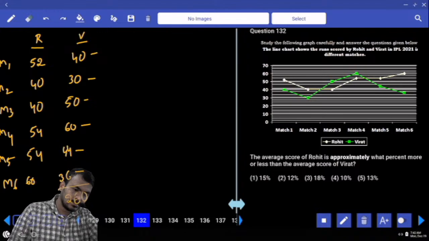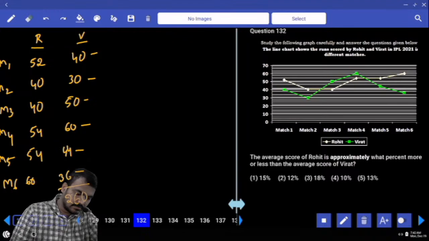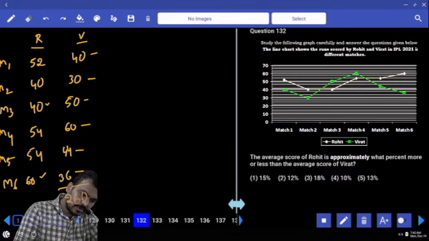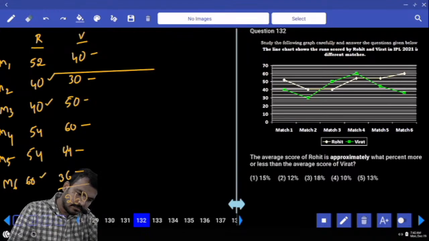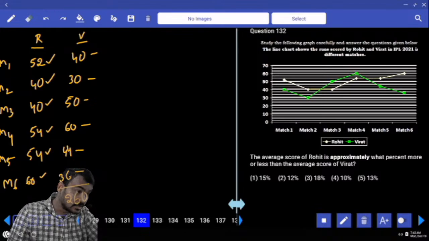Next, Rohit 60 plus 40 plus 40, 140. Next, 54 plus 54, 108 plus 52, 160.